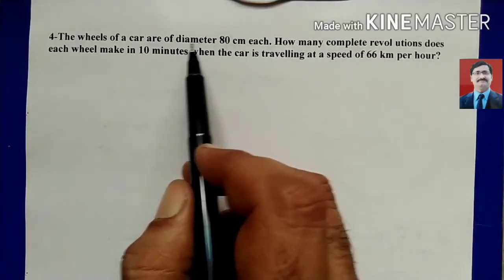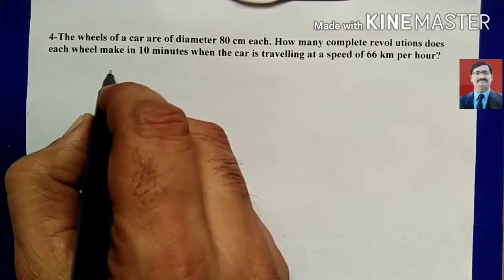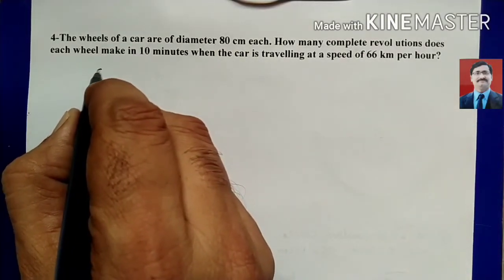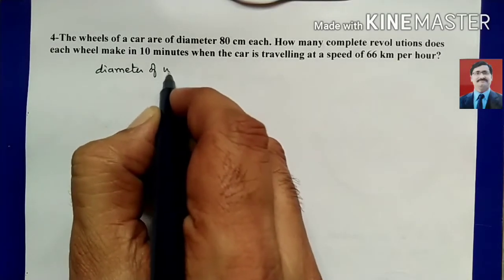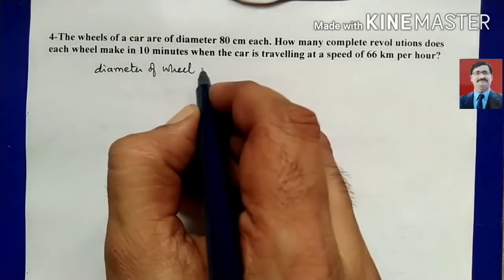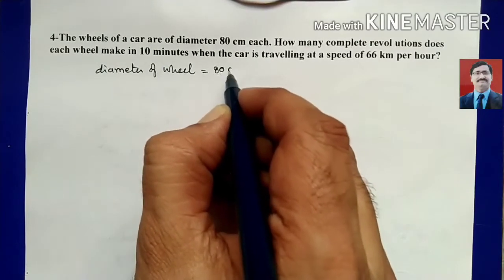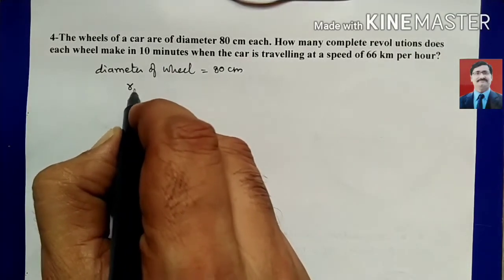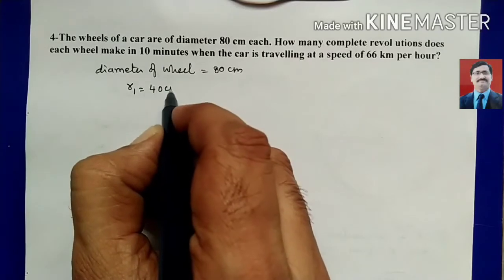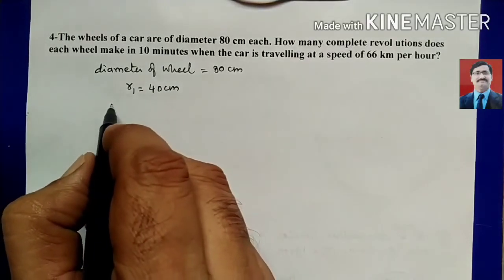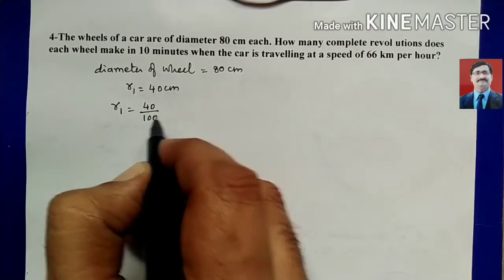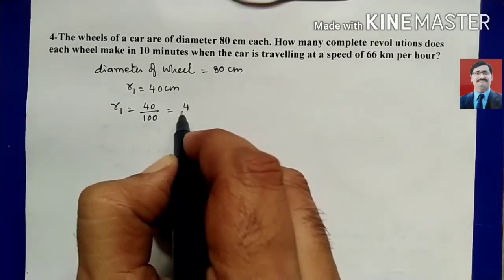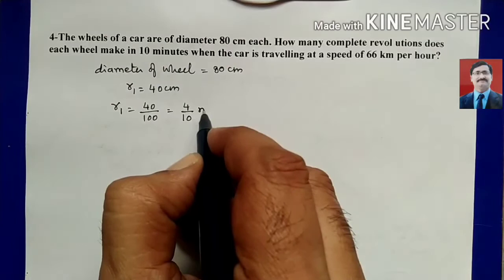First of all, the diameter of the wheel is given, so the diameter of the wheel is equal to 80 centimeter. So the radius is 40 centimeter, and this 40 centimeter we will convert into meter. We have to divide by 100, which means we can write 4 upon 10 meter.